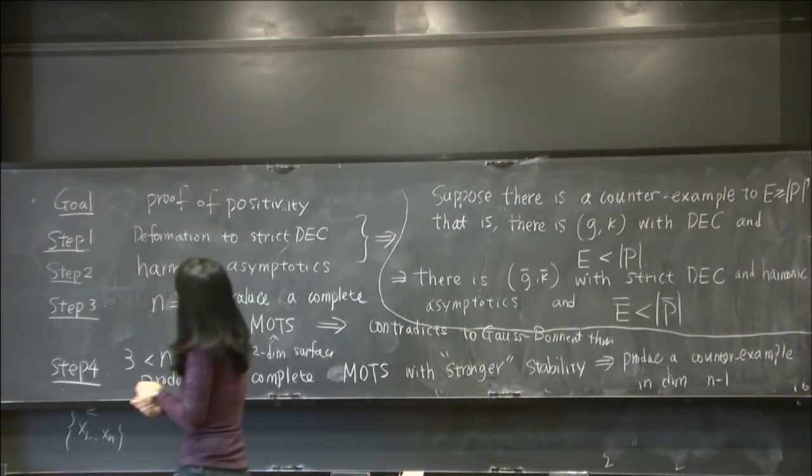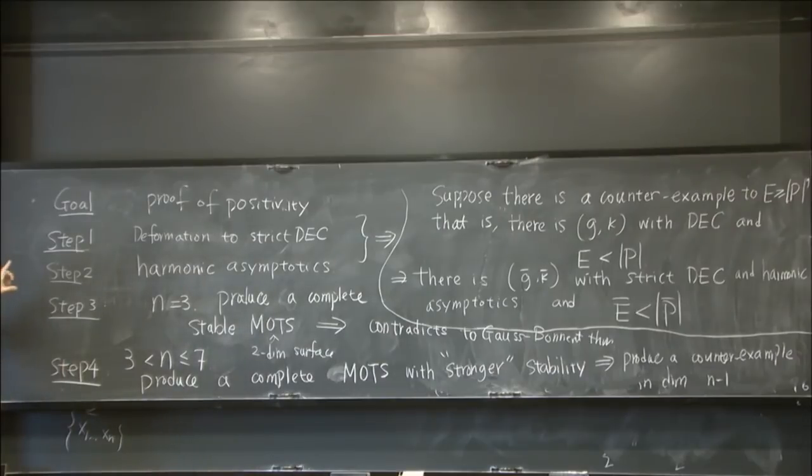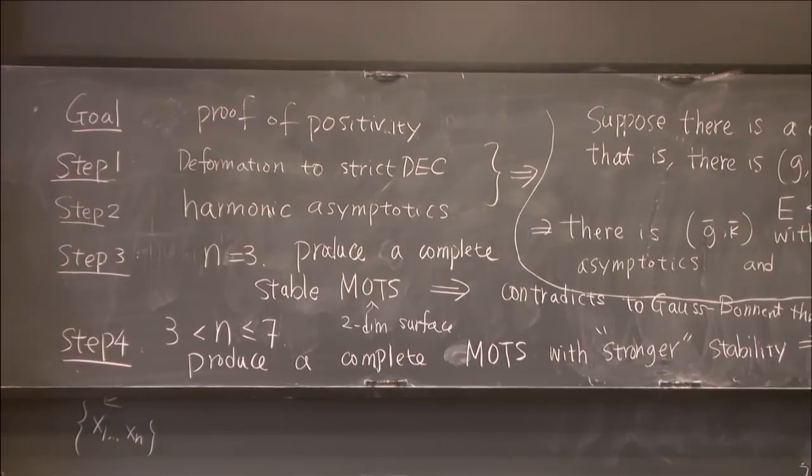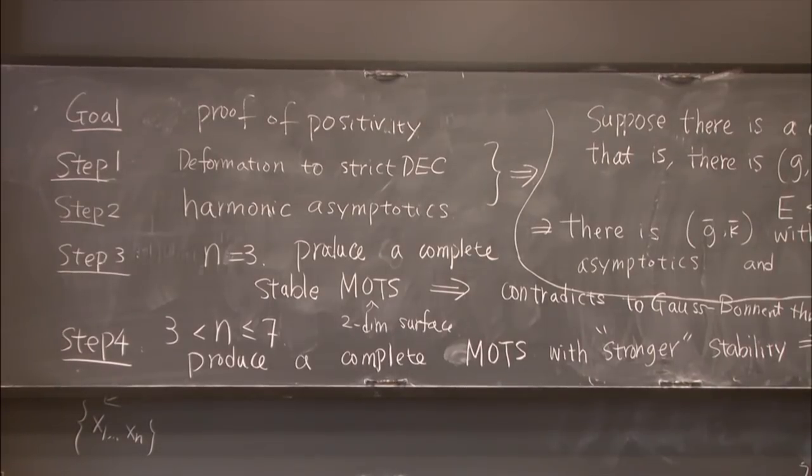Let me finally say, these steps are very similar to the Riemannian positive mass theorem. So you replace the dominant energy condition by scalar curvature, and you replace the MOTS by minimal surfaces. But there is something different in step 1. The deformation result to strict dominant energy condition is quite technical.